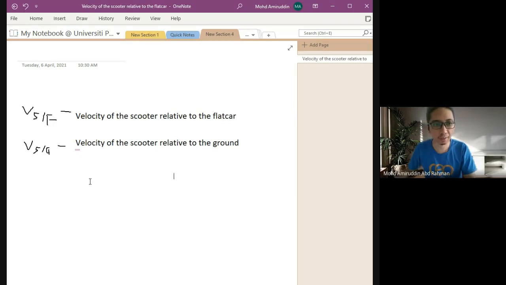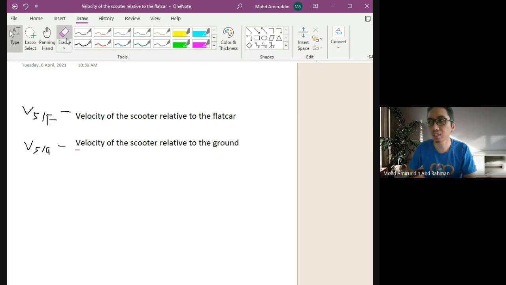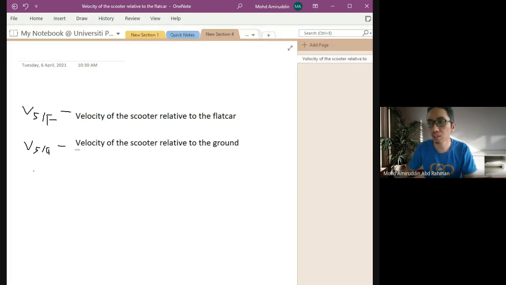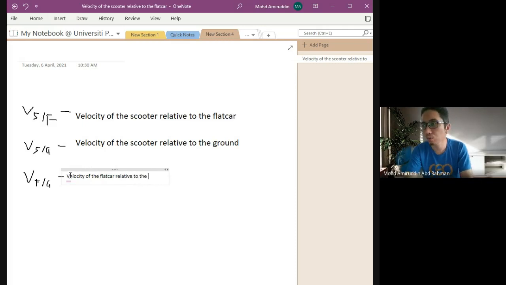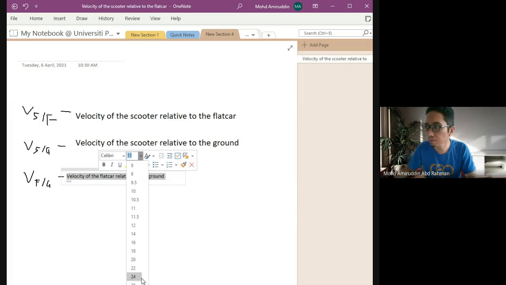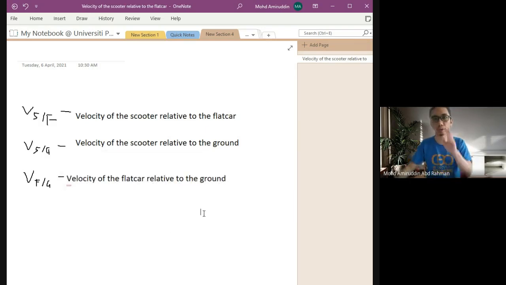And then we have another one, VFG, which is the velocity of the flat car relative to the ground. So we already have those three velocities.